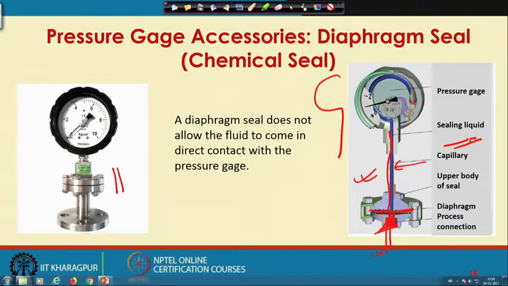So, now the pressure gauge is being isolated from the effect of process fluid by putting a diaphragm in between. The diaphragm receives the pressure and it transmits the pressure to the pressure gauge. The pressure gauge may be a Bourdon type, C type or spiral type, or it may be another diaphragm.